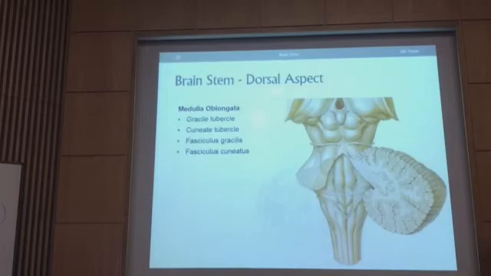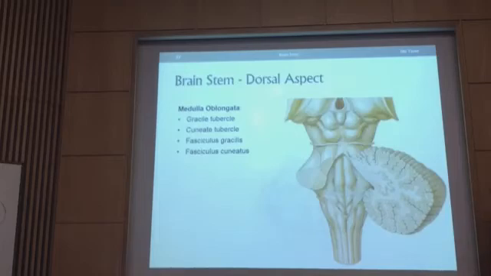Each funiculus is built from fasciculi. You have these two fasciculi: this is the fasciculus gracilis, and this is the fasciculus cuneatus. It's called fasciculus cuneatus because in this slice it looks like a cone, like a triangle. These are sensory tracts from the lower limb, and these are sensory tracts from the upper limb.